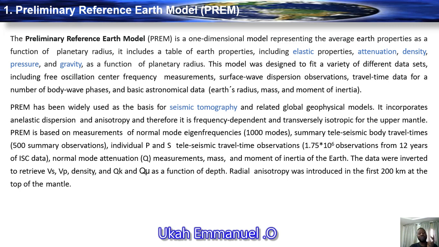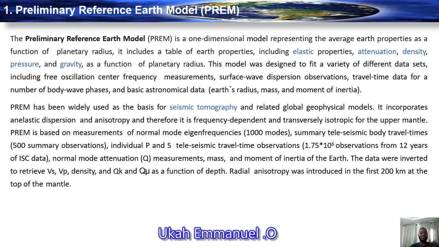S waves, P waves, and surface waves are used majorly for the tomographic models of different resolution based on seismic wavelength. It incorporates inelastic dispersion and anisotropy, and therefore it is frequency dependent and transversely isotropic for mostly the upper mantle. You can also get it in the lower mantle of the internal structure of the Earth.